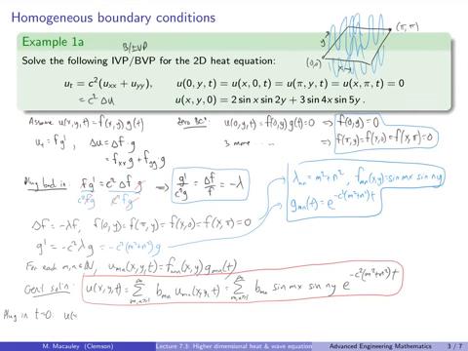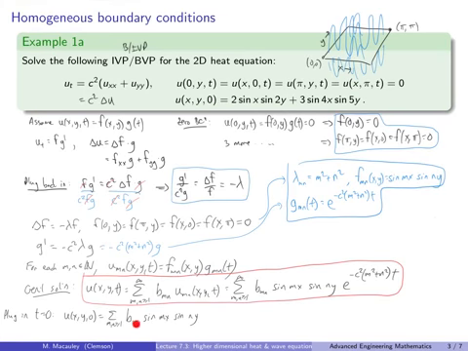So u of x, y, 0, what happens? If you plug that in, the exponential goes to 1 and goes away. We have this sum over m and n, at least 1, of b mn sine of mx sine of ny.